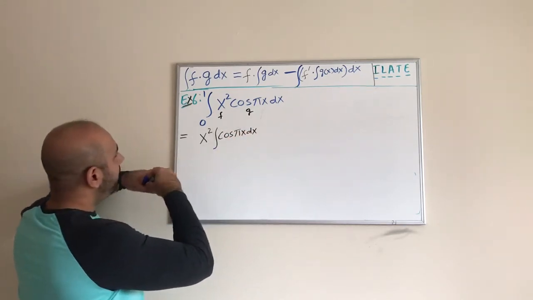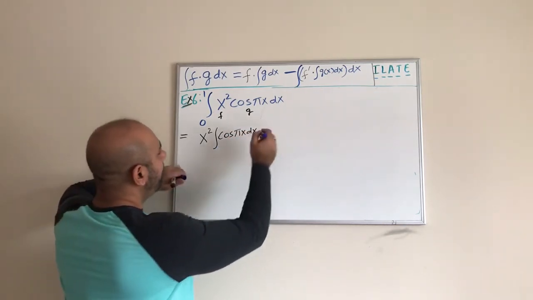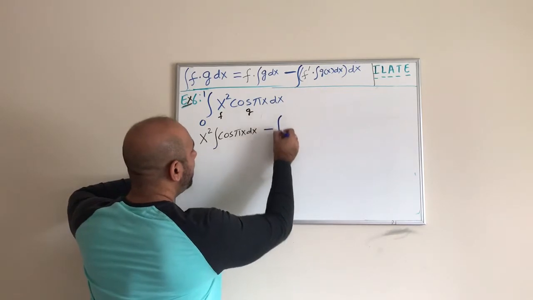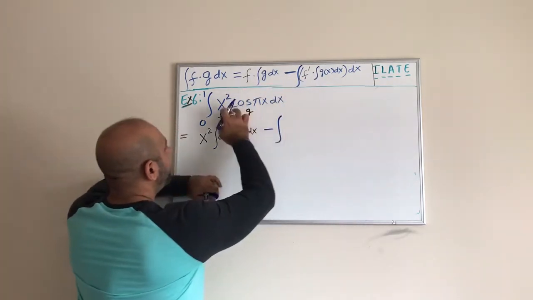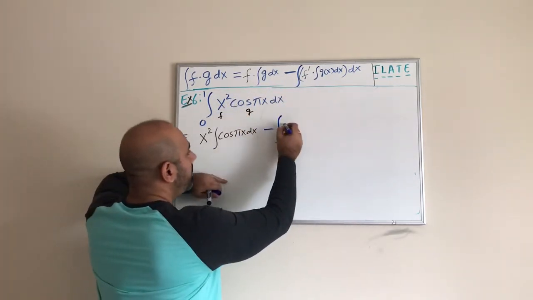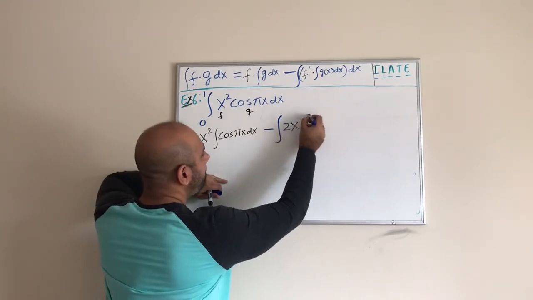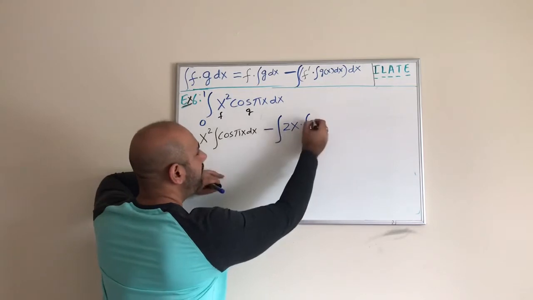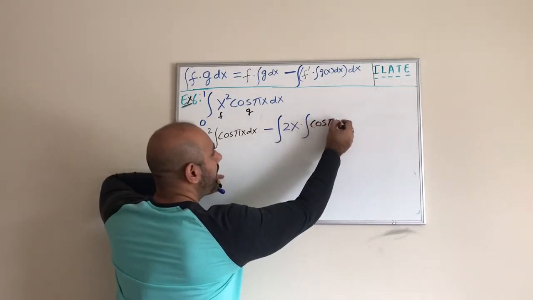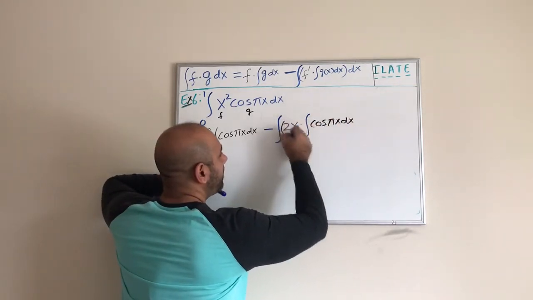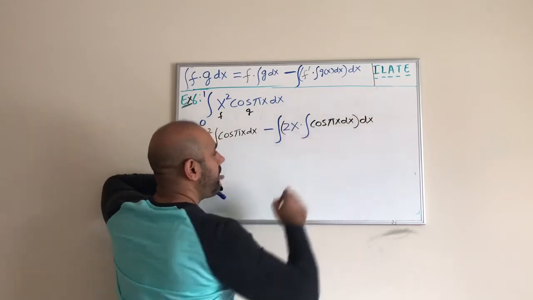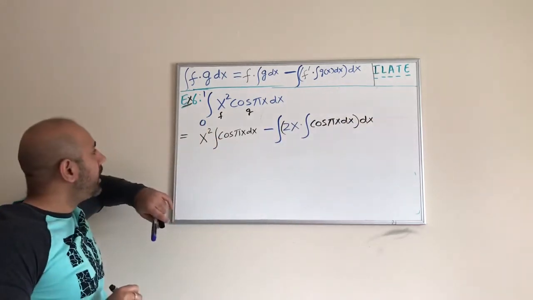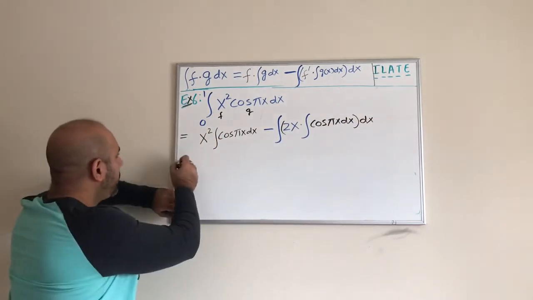That's the first half of this formula. Then minus the integral of f prime, the derivative of x squared, which we all know is 2 times x, times the integral of, again, the same thing, cosine pi x dx, and then there is another dx all the way at the end. Okay, step number 1. Then let us move on.